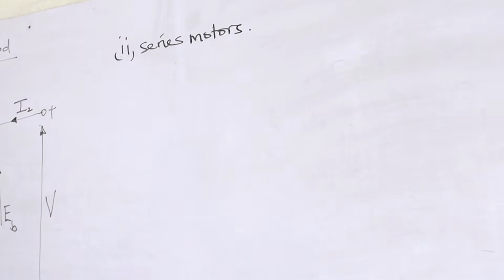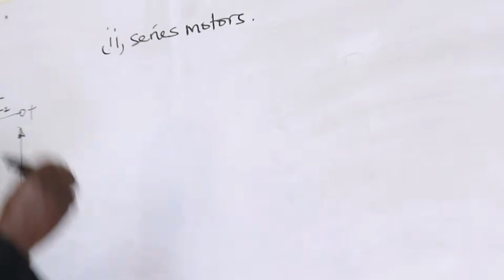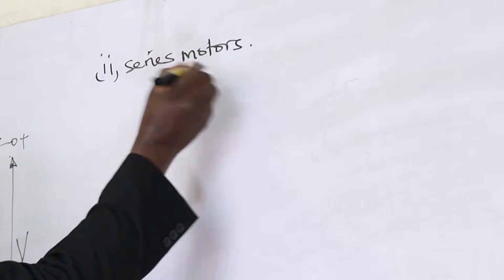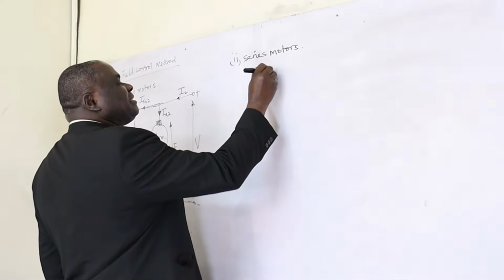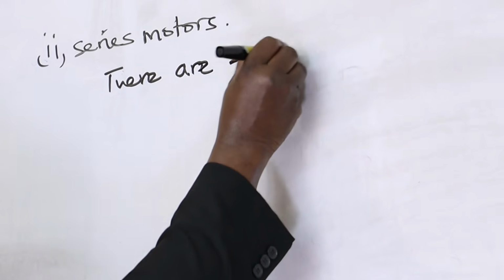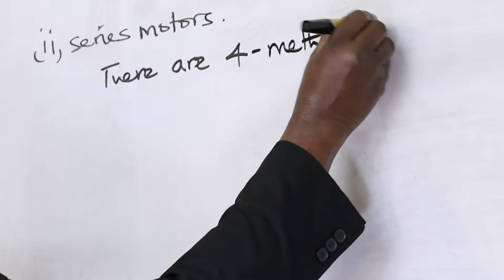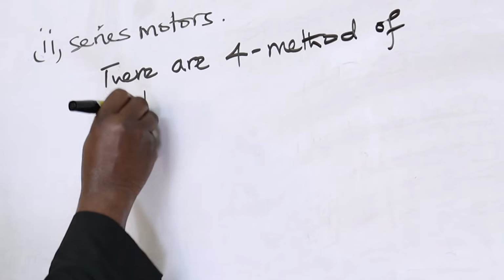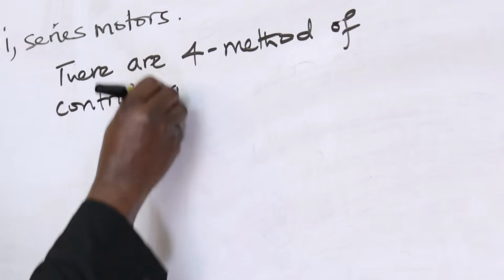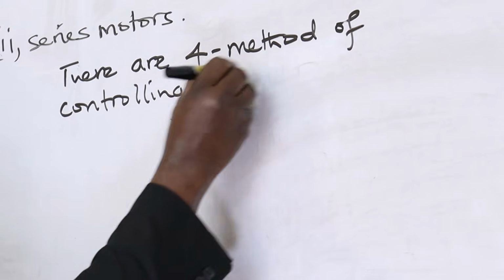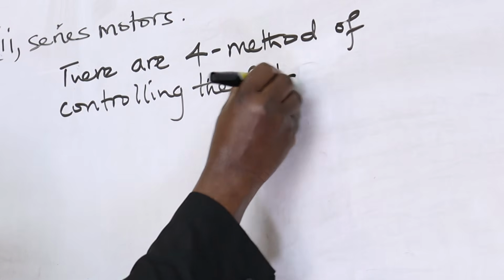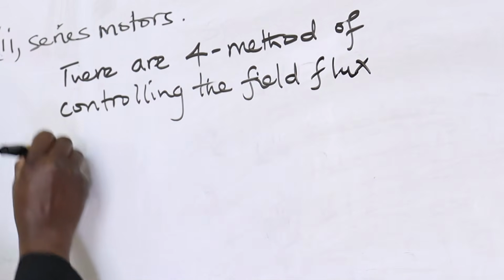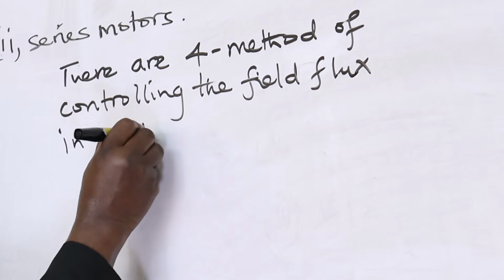For series motors, we have got some methods of controlling the flux in DC series motors. So there are four methods of controlling the field flux in a DC series motor.